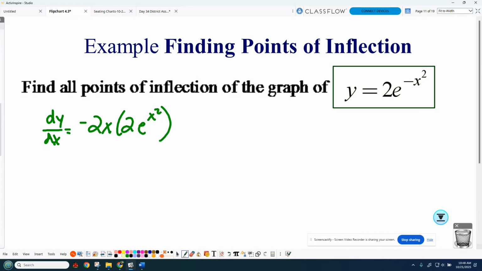Derivative of e to the stuff is e to the stuff times derivative of stuff. So 2e to the negative x squared times negative 2x.